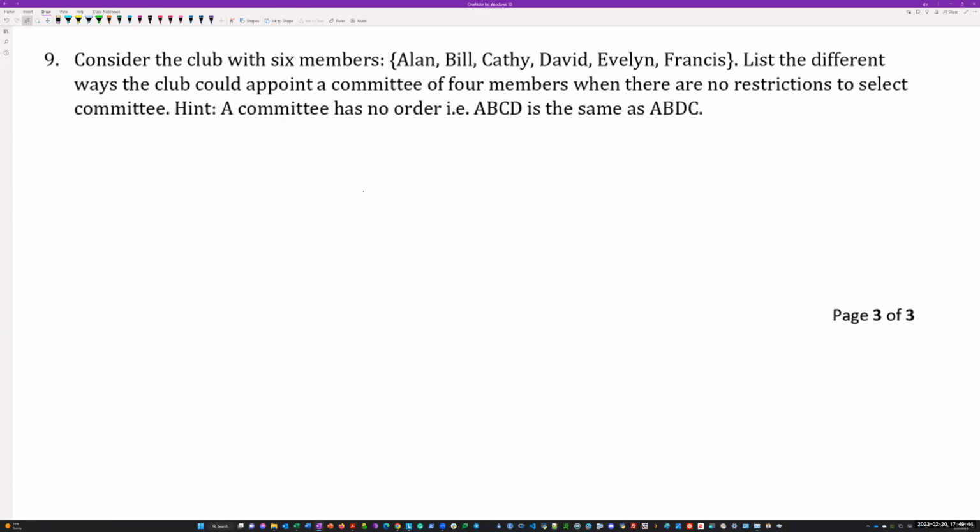The order doesn't make any difference. They just want to pick groups of 4 effectively. Does that make sense? Do you understand what I'm saying?